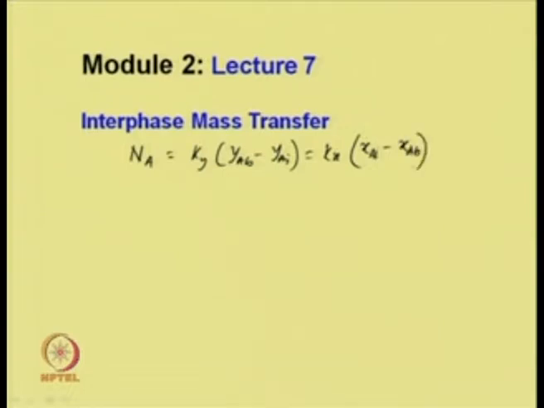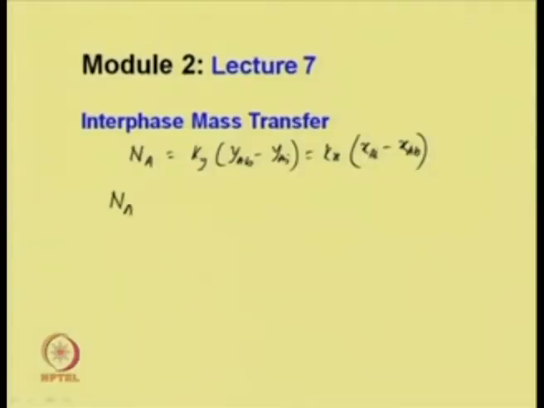We have seen that we can use the overall mass transfer coefficient concept to calculate the flux. So, N_A will be capital K_y (y_Ab minus y_A star), where y_A star is in equilibrium with x_Ab, and K_y is the overall mass transfer coefficient.